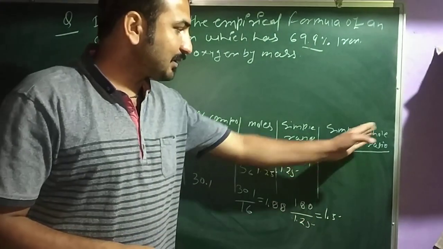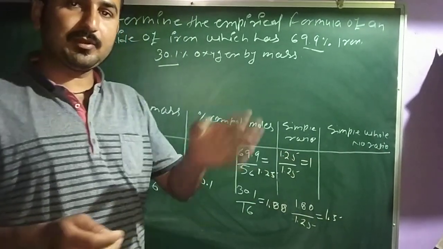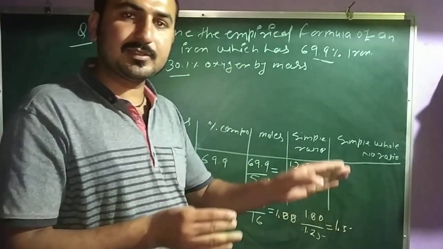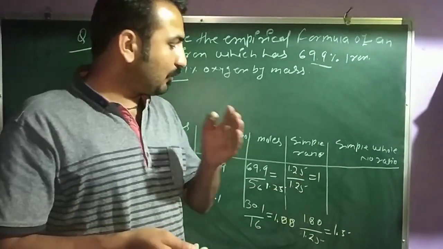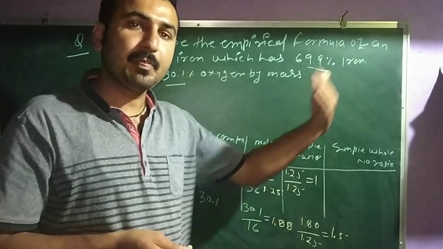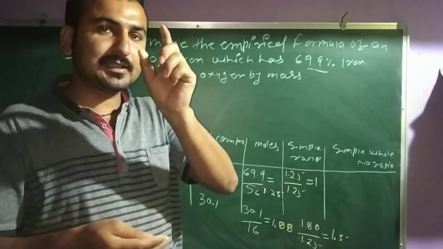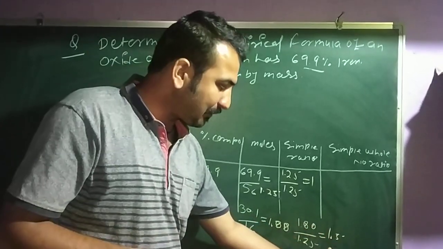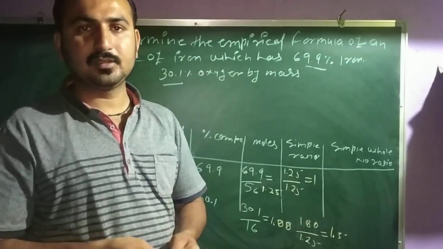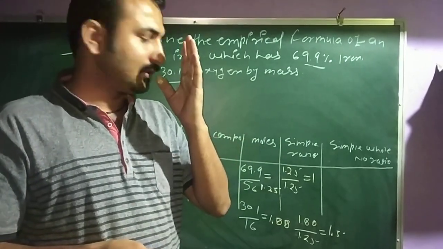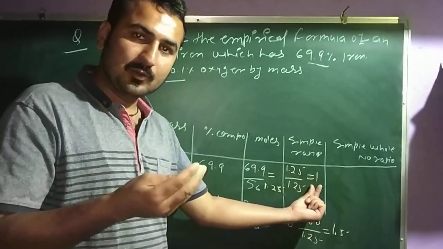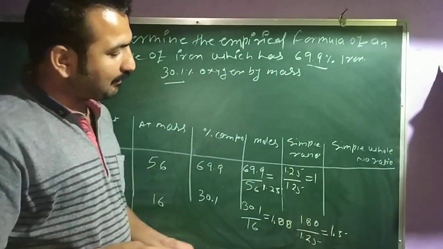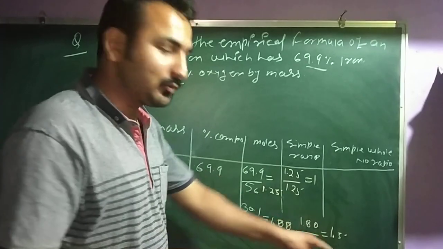The next step is the simple whole number ratio. That means 1 is a whole number, but 1.5 is not a whole number. So we make this 1.5 a whole number. That is, we have to take a digit by which we multiply both of these to make a whole number. What number could it be? You will search for it. 1 is a whole number, 1.5 is not, so I am multiplying by 2.